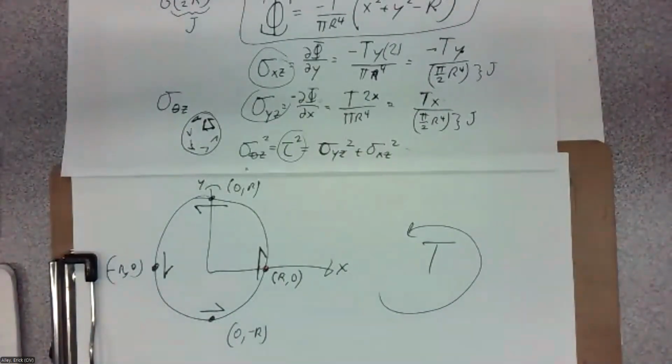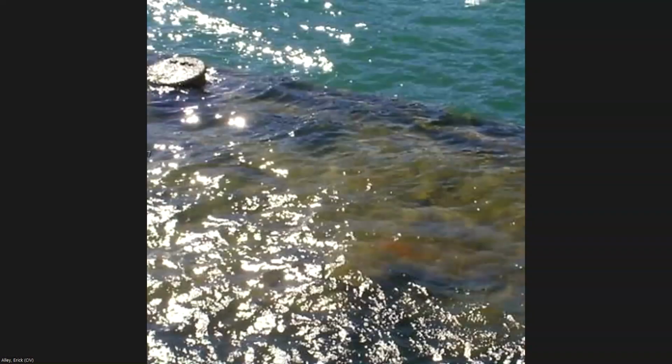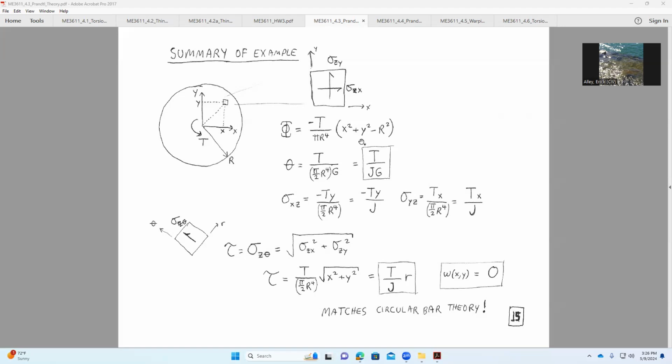The very last thing that we've got to try is that warping function. So let's take a look at where we are so far with our circular bar. Here are the functions that we came up with: sigma yz, Tx over J, sigma xz, minus Ty over J. If we square those up, we do get back to Tr over J. And then we need to check the warping.